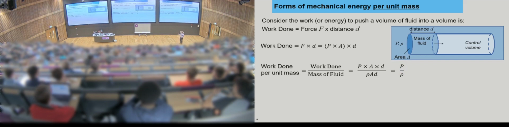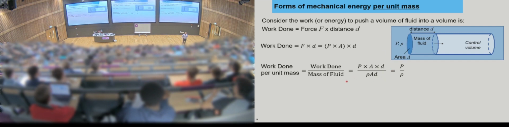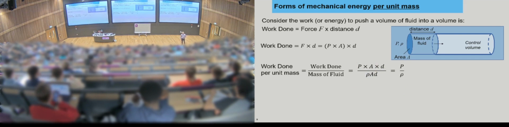So we're going to consider the work done per unit mass. So this is the work done over the mass of fluid. So the work done, of course, is this pressure times area times distance. And the mass of fluid in this little volume here is rho times the area times the distance d. Now you can see that A and d will cancel, and we're left with P upon rho.